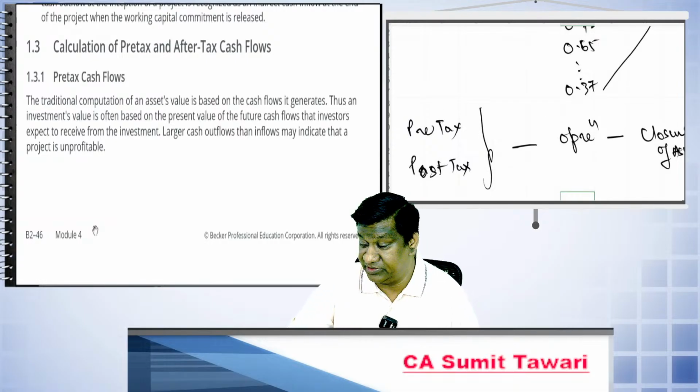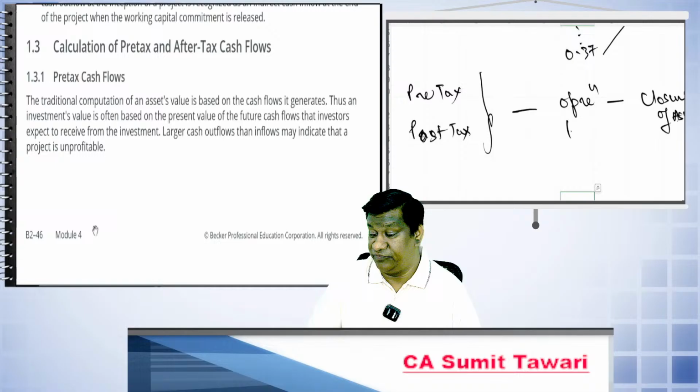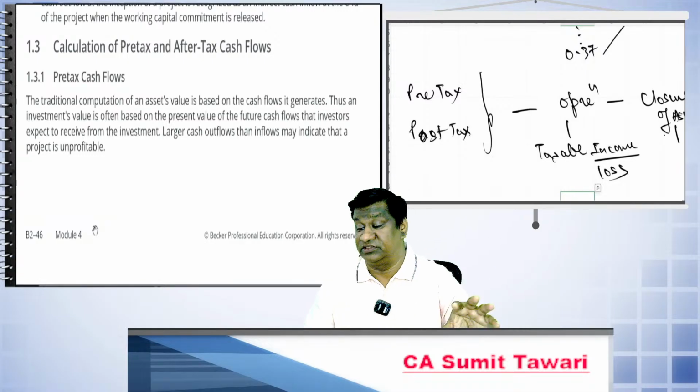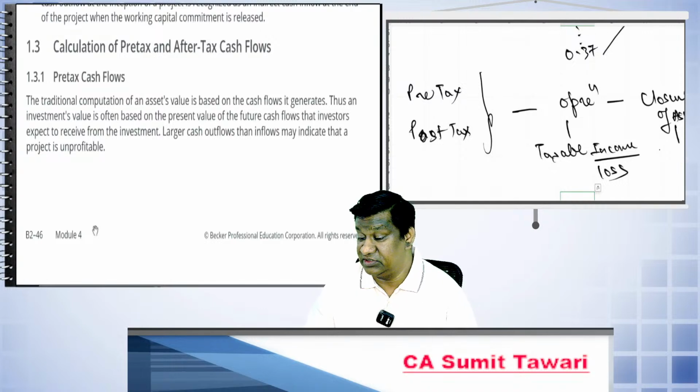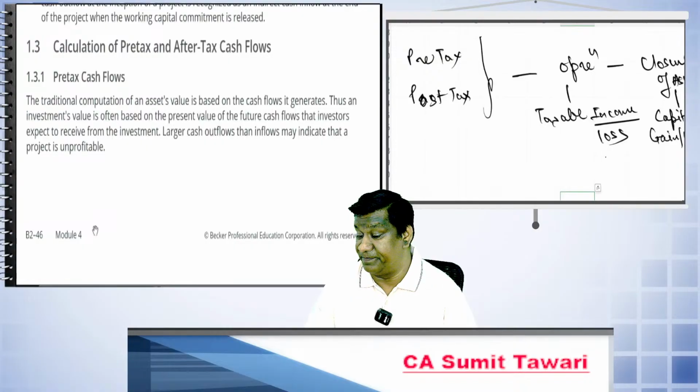But in operation, because of taxable income or loss, you need to consider the tax effect. And on the closure of the asset, when you are selling the asset, a certain capital gain or loss may arise. So because of that reason also, you need to consider the impact of taxes.